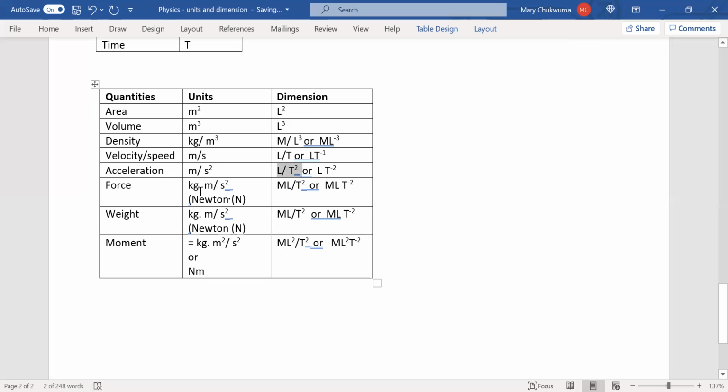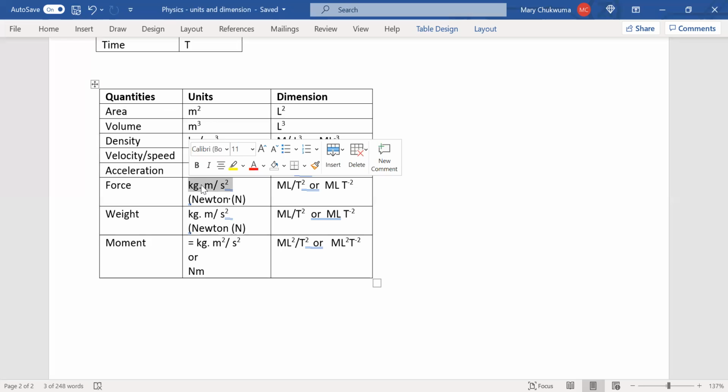So the same thing with force. You can see the importance of expressing your units in their exact components in terms of mass, length, and time. Okay, if you express it as Newton, you still need to break it down into the three units for expressing dimension.